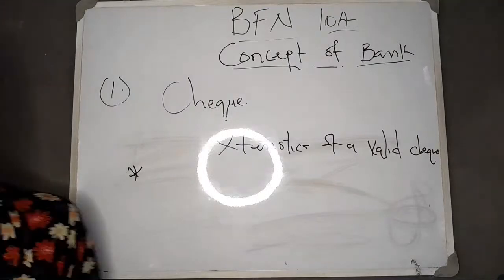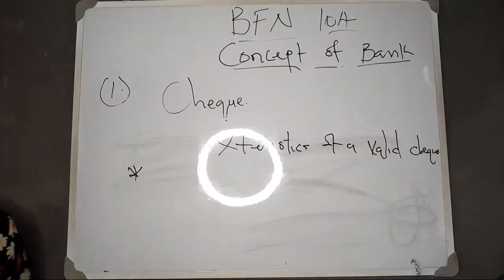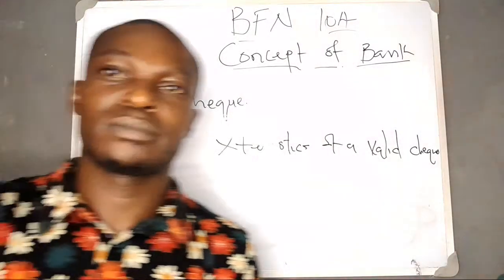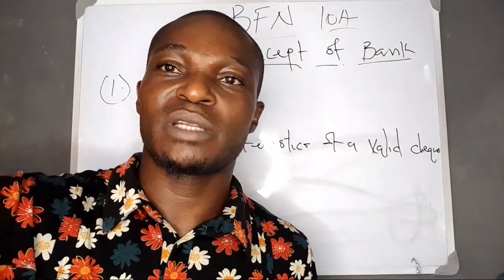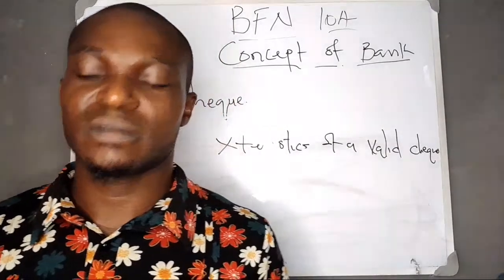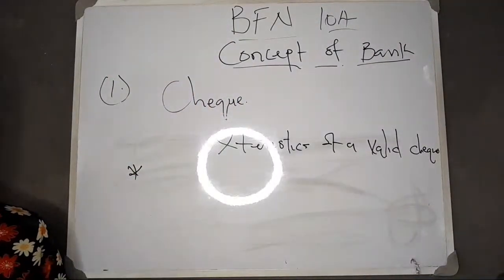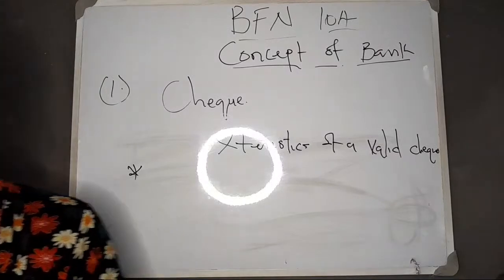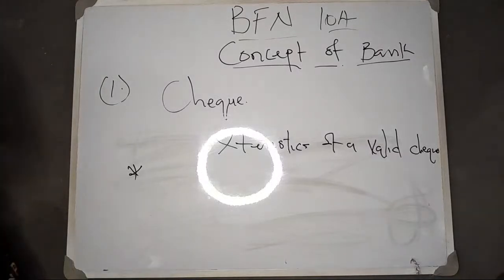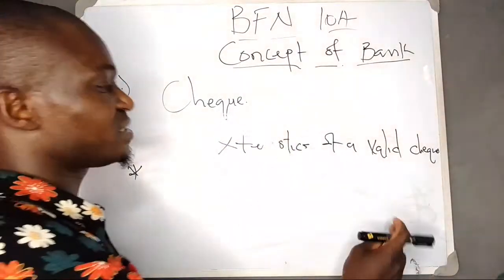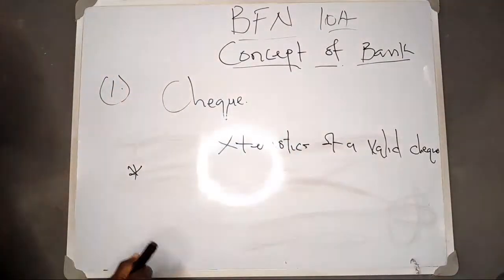One of the characteristics of a valid check is that the amount in words and figure must correspond. The amount written on the check in words and figure must correspond.